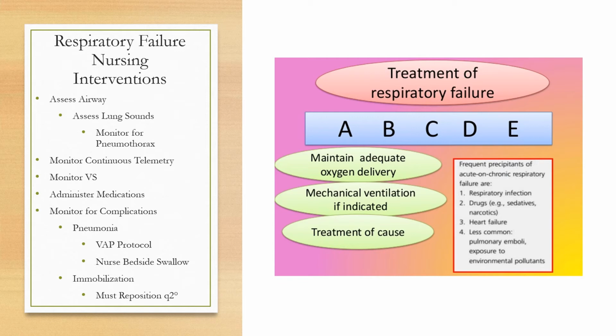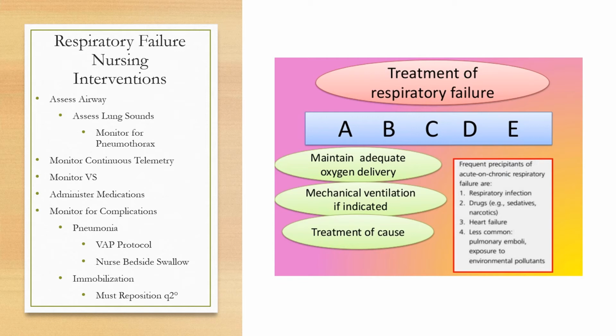Let's put a nasal cannula on them. Let's put an oxygen mask on them. Let's put a non-rebreather on them. So we can just escalate the amount of oxygen that we want to deliver. And if that's not working, we may need to go to intubation and mechanical ventilation. Okay.